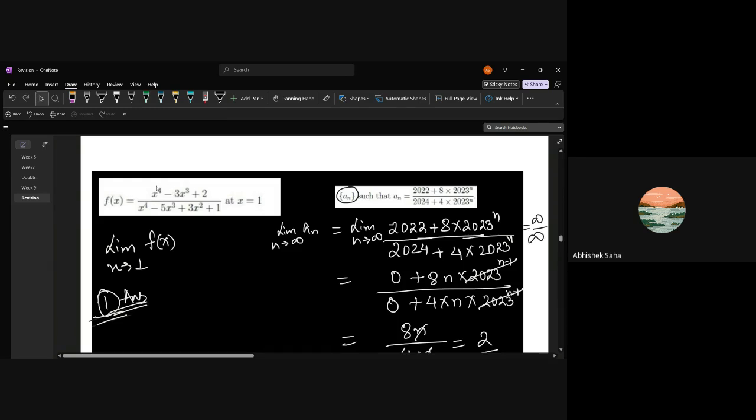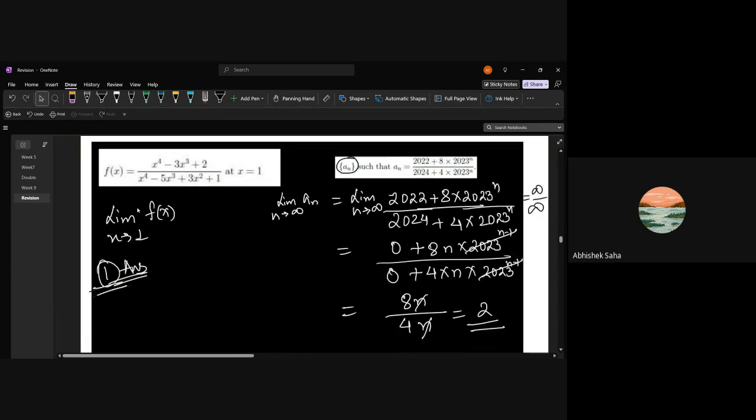So always remember, and we will give you a trick. If this type of problem has the same exponent, and they are asking limit n tends to infinity, just write the ratio of the coefficients of the highest power as the answer. Suppose the question is limit n tends to infinity, 2 into x to the power 5 plus something, upon 5 into x to the power 5 plus something.